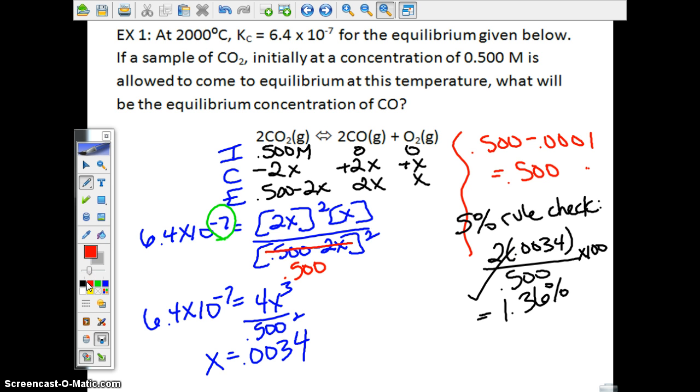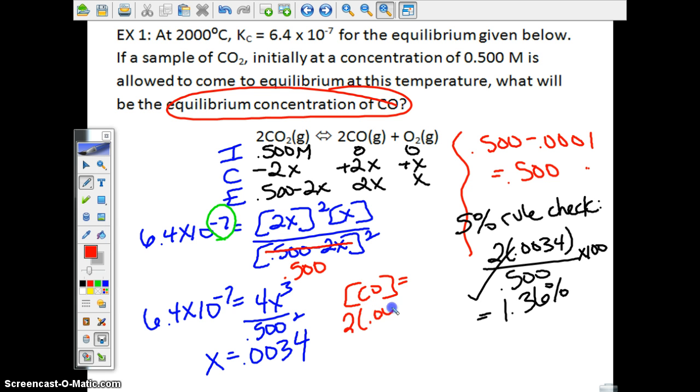I still haven't answered the question though. The question is, what's the equilibrium concentration of CO? CO is 2x. So again, with the 5% rule, you've got to check it and make sure it's valid.